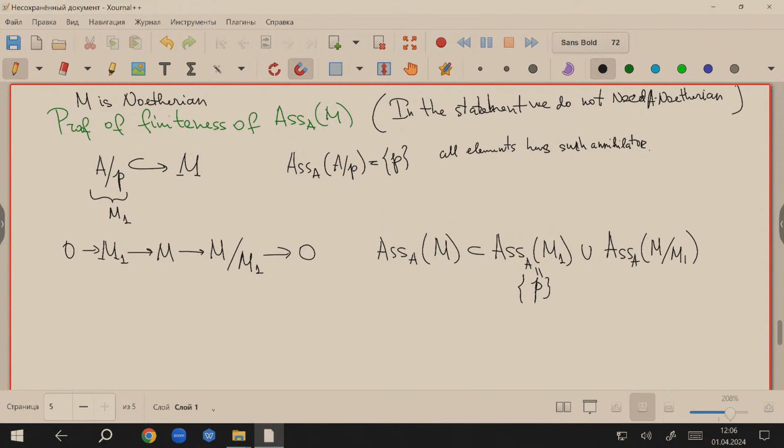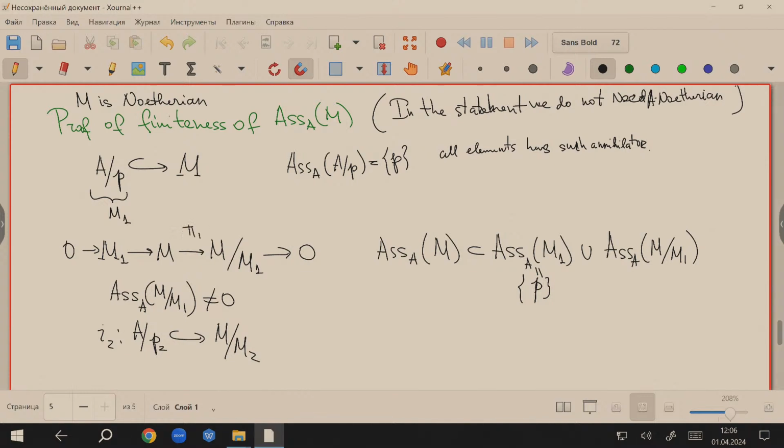So if this set is not empty, we can proceed by constructing A mod P2, an inclusion in M modulo M1. This will be I2, and let me put it to be P1.